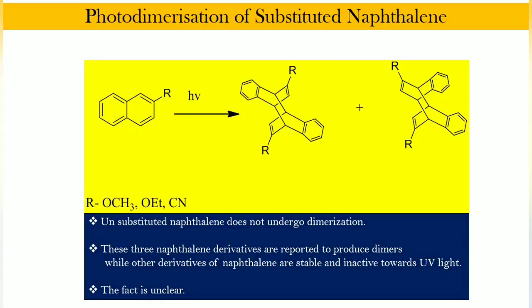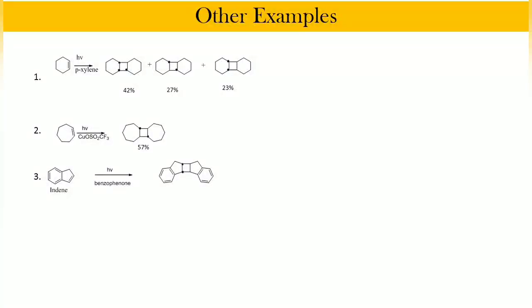Here is another example for dimerization of aromatic system. Other than anthracene, if you take naphthalene, unsubstituted naphthalene will not undergo dimerization reaction. But if you consider substituted naphthalene, especially these three derivatives, OCH3, OEt, CN substituted naphthalene will undergo dimerization, but unsubstituted naphthalene and other derivatives will not undergo dimerization. So these are the other examples.